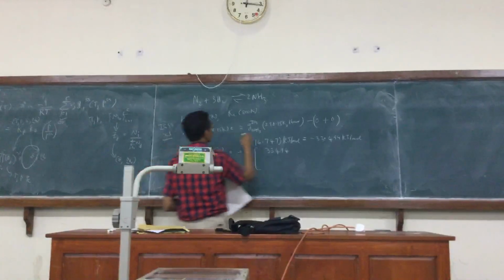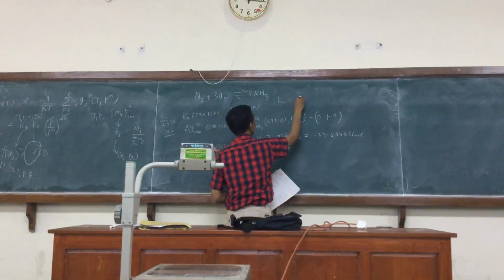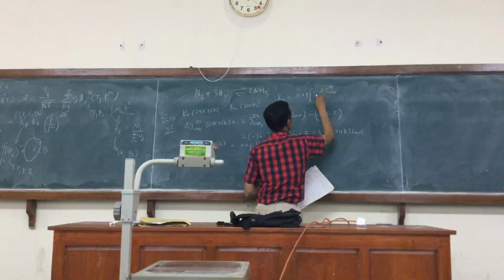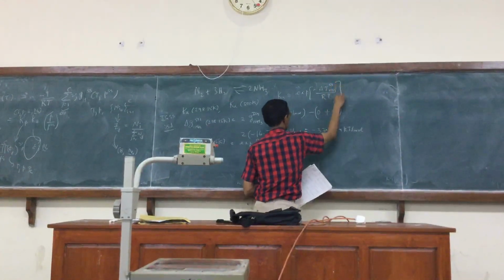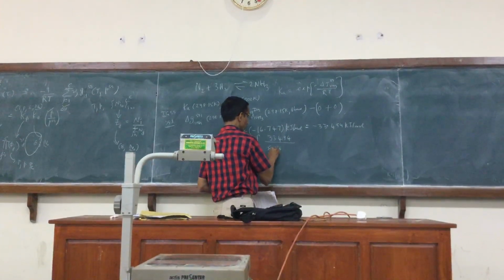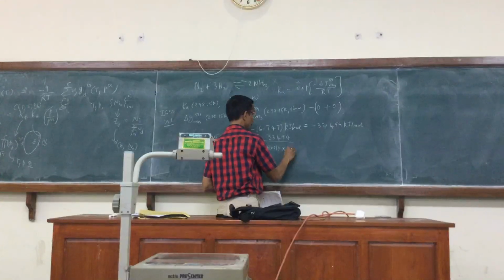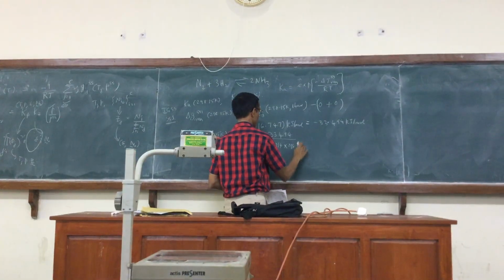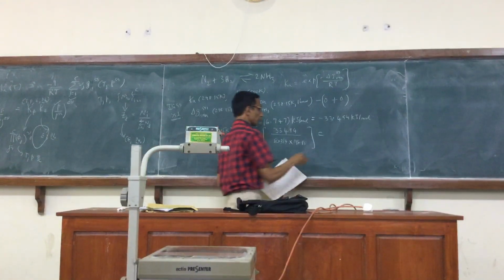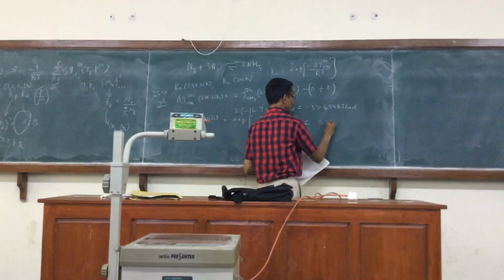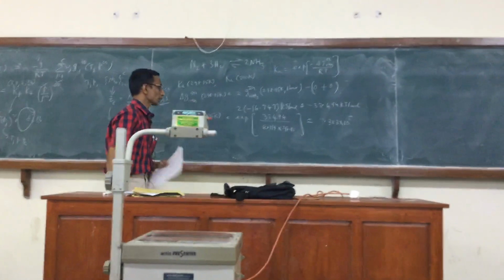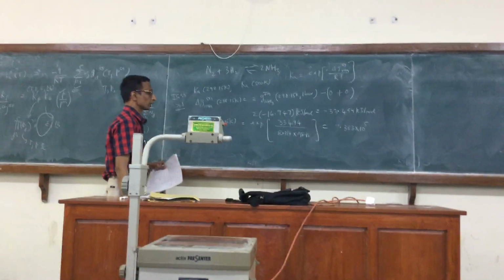So Ka is exponential of minus, with R being 8.314 times 298.15, and that turns out to be 7.383 times 10 power 5, a very huge value for the equilibrium constant at 298.15.